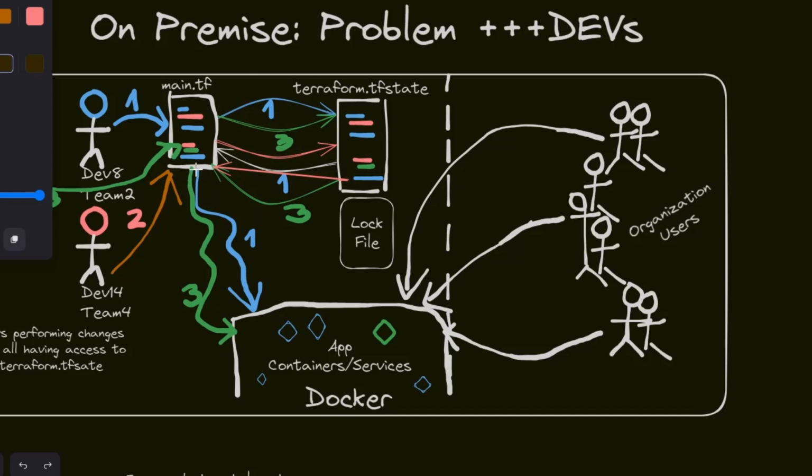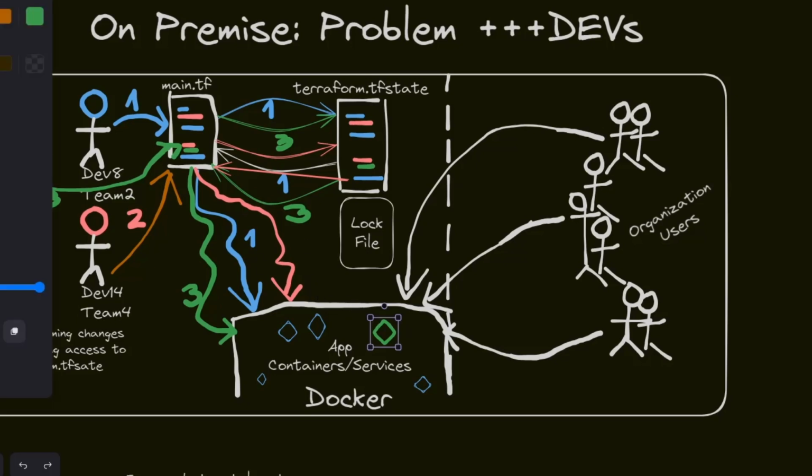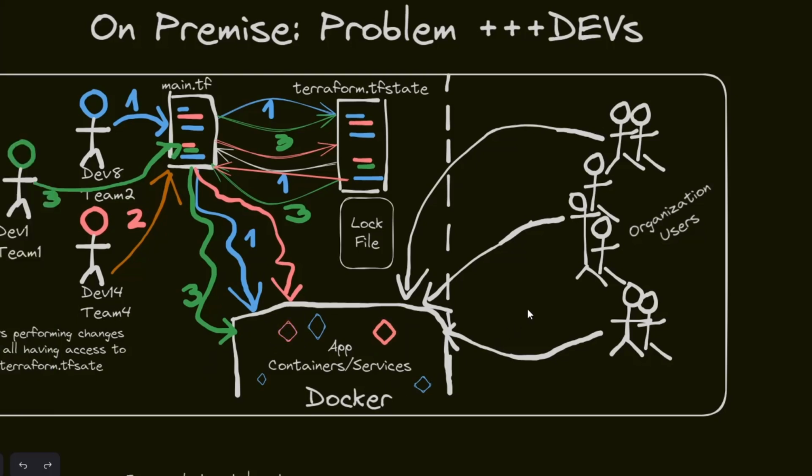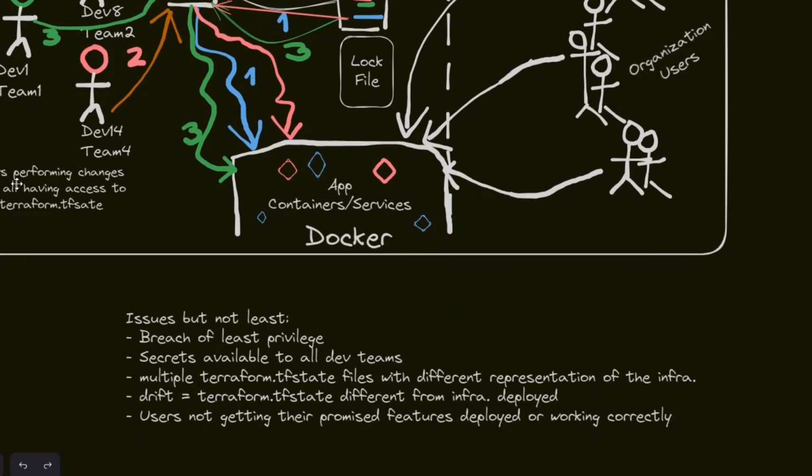And now the infrastructure looks the same as what is defined here in the main.tf. And here we got this one changed, this one here also changed, just a simulation of what has changed. But the users are not happy anymore because they've been promised to have some different features, but they don't have them.